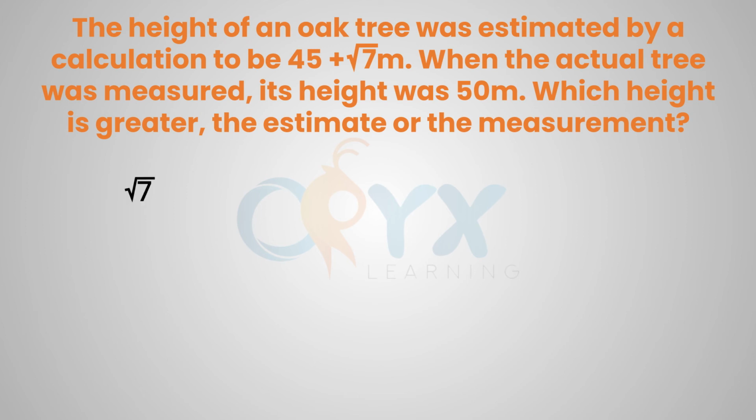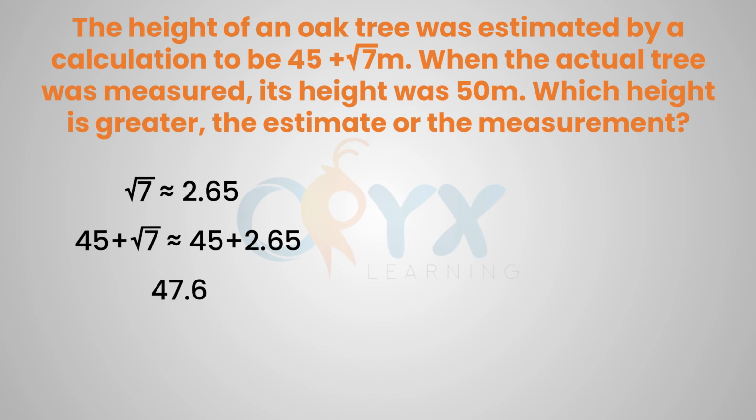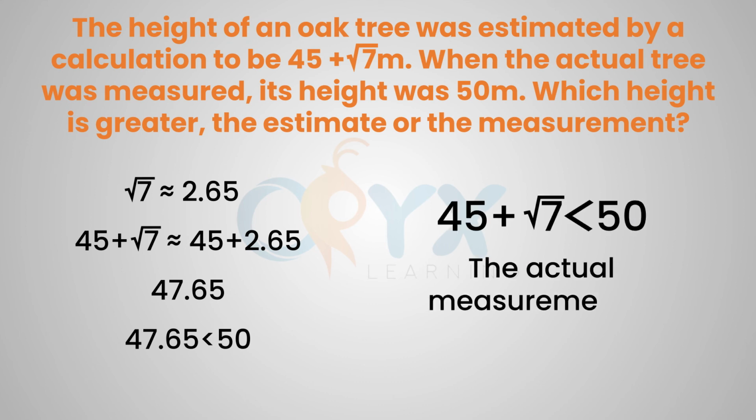The square root of 7 is 2.65. Adding that on to the 45, 45 plus 2.65 gives us a total height of 47.65 meters. Comparing that to 50 meters, we can see that 47.65 is less than 50 meters. Therefore, the actual measurement is greater.